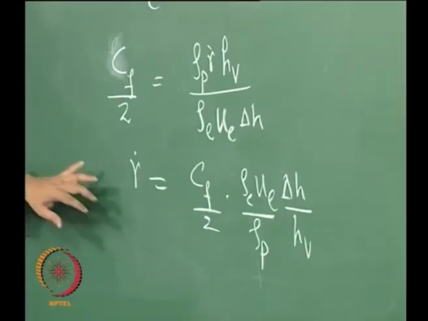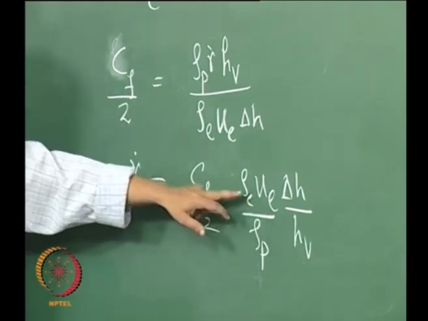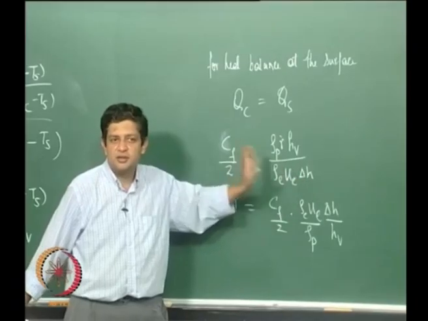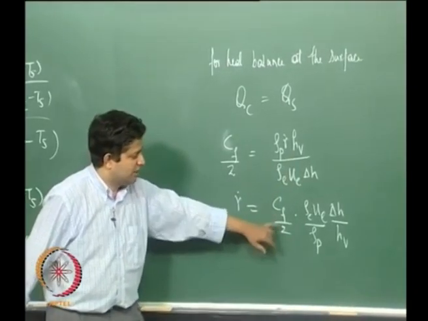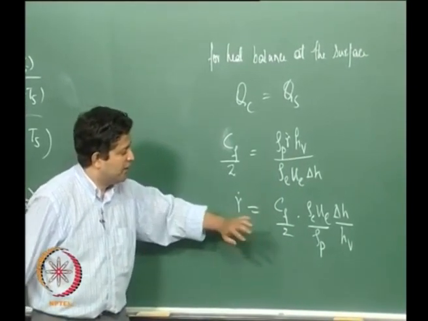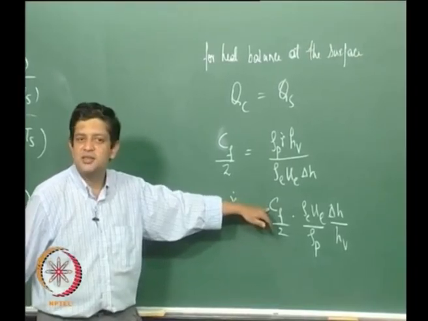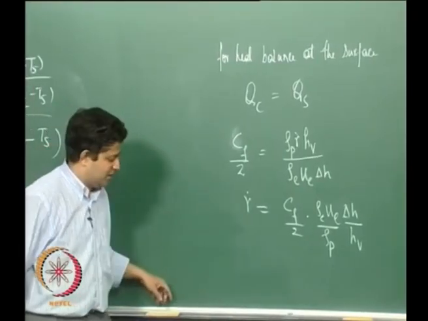Now, we have been able to get this expression for r dot in terms of rho e ue, which is nothing but in some sense mass flux, okay, and Cf by 2. What we need to further determine is what is this Cf for the particular geometry that we have considered.